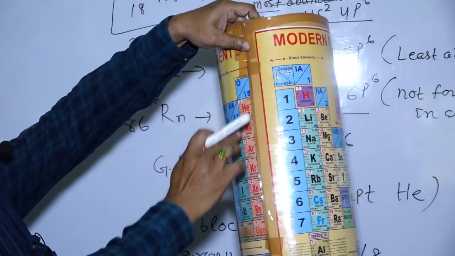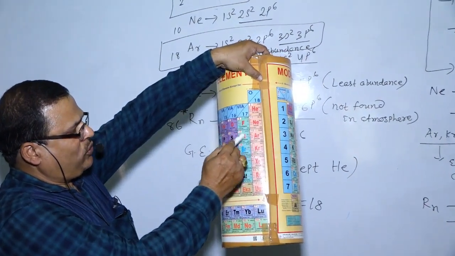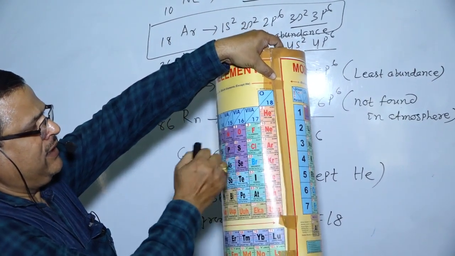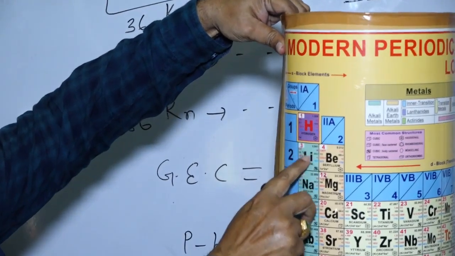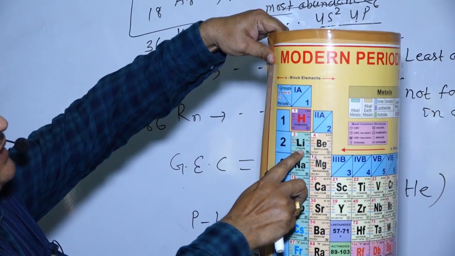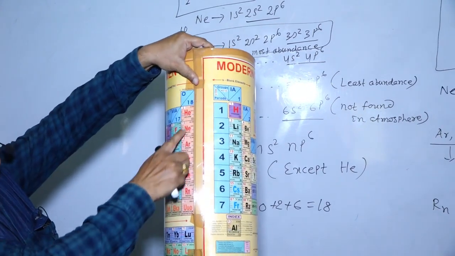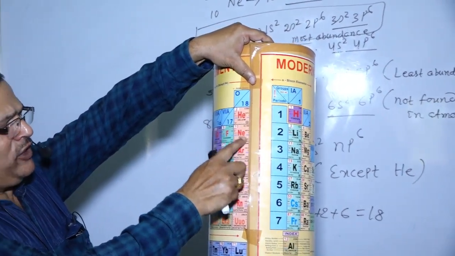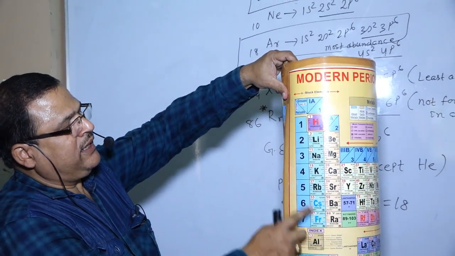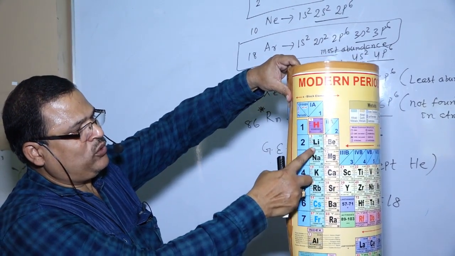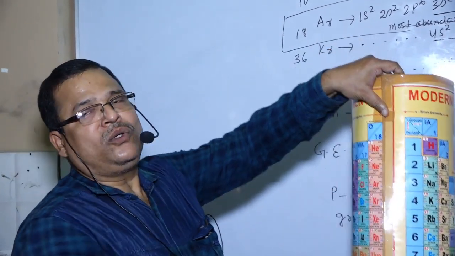So the group 18 elements are placed in between the highly electronegative elements, group 17, the halogens, and the highly active elements, group 1, the alkali metals: hydrogen, lithium, sodium, potassium, rubidium, cesium and francium. So the group 18 elements are present between the more electronegative elements and the more electropositive elements. The group 1 elements have the ability to lose 1 electron, and the group 17 elements have the ability to gain 1 electron to attain the octet.